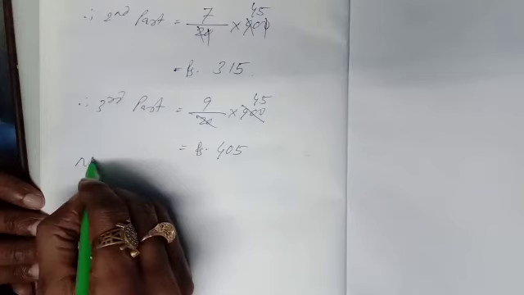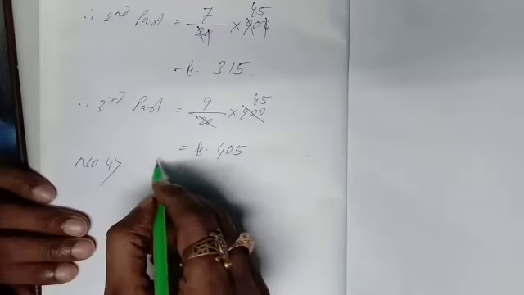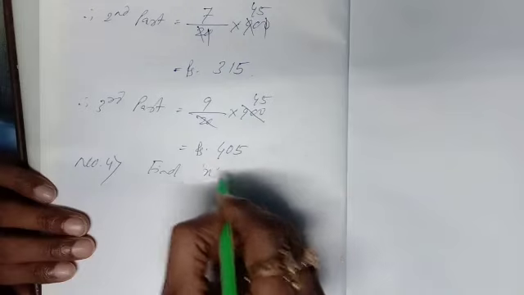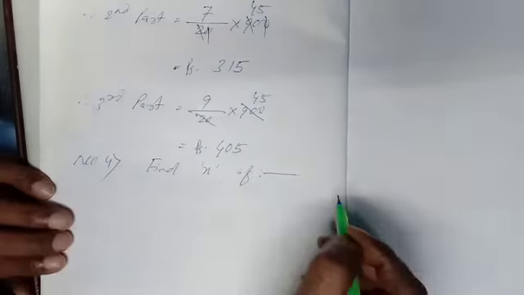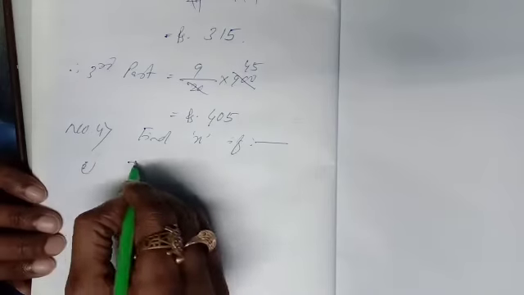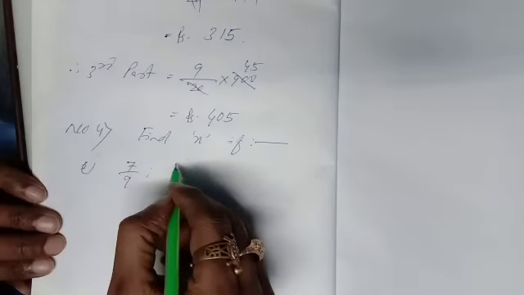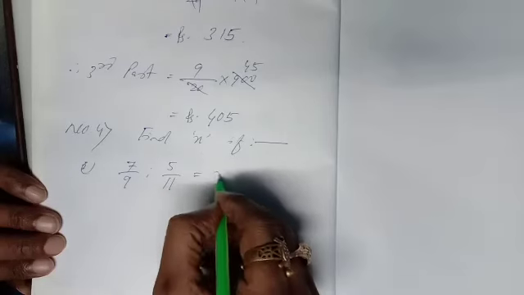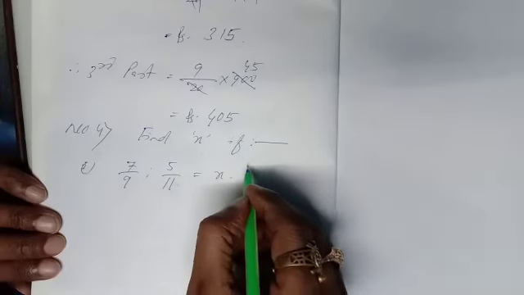Question number 4, just see what is given here. Find the value of x. Condition given, you see. The first part is given: 7 by 9 is to 5 by 11 equal to x is to 3 by 7.